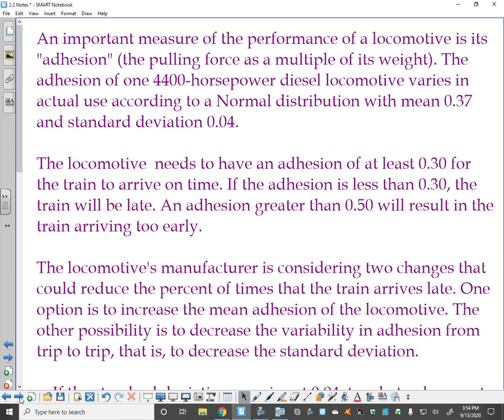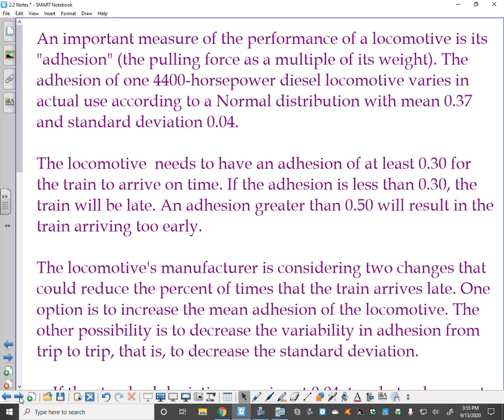The adhesion of one 4,400 horsepower diesel locomotive varies in actual use according to a normal distribution with a mean of 0.37 and a standard deviation of 0.04. The locomotive manufacturer is considering 2 changes that could reduce the percent of times the train arrives late. One option is to increase the mean adhesive of the locomotive, and the other possibility is to decrease the variability in adhesion from trip to trip, that is, to decrease the standard deviation.